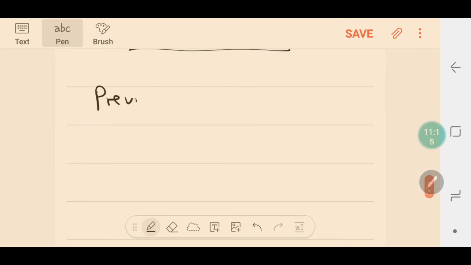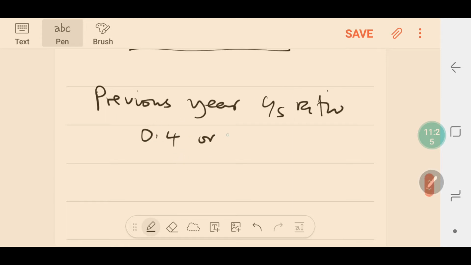Previous year CS ratio or contribution margin ratio is equal to 0.4 or 40%.